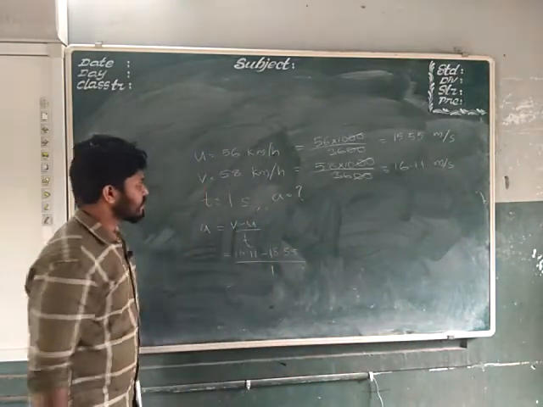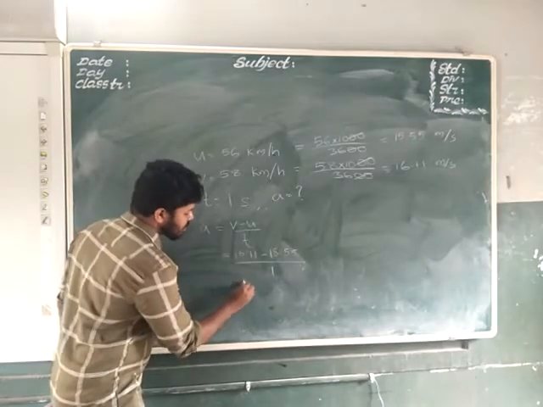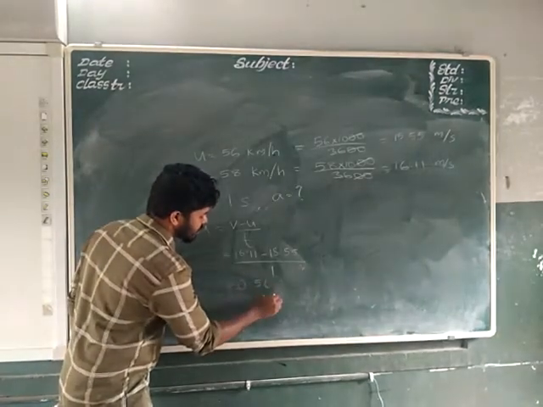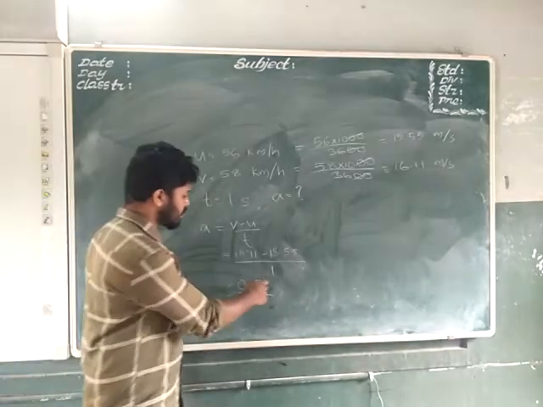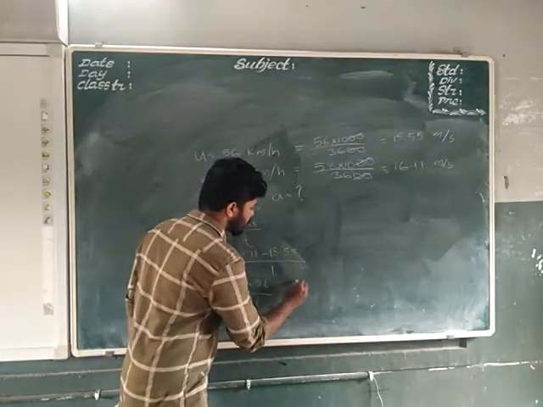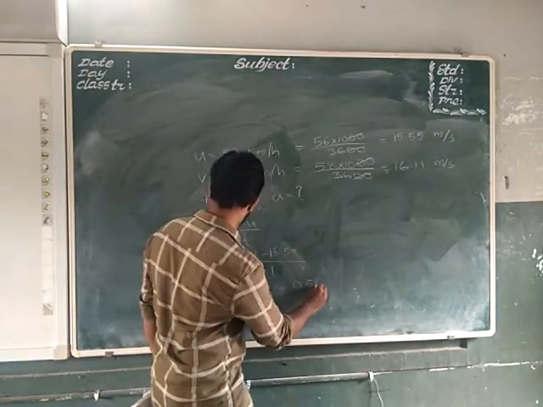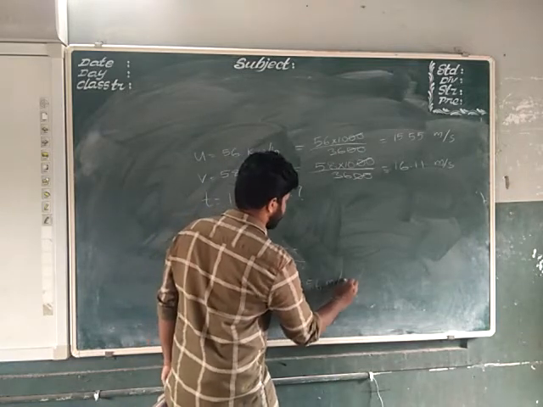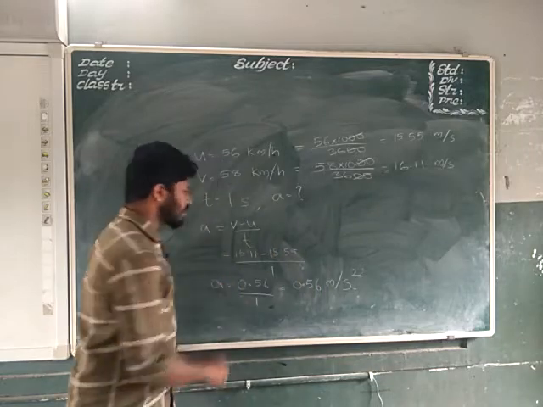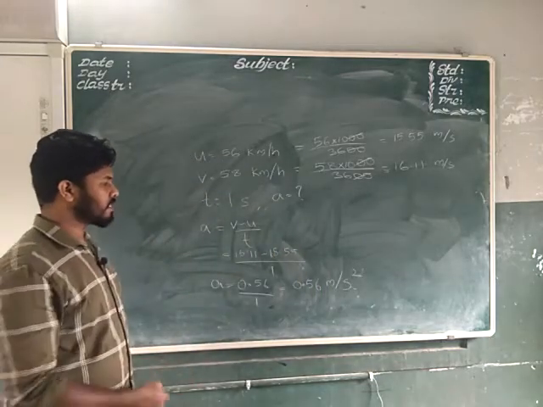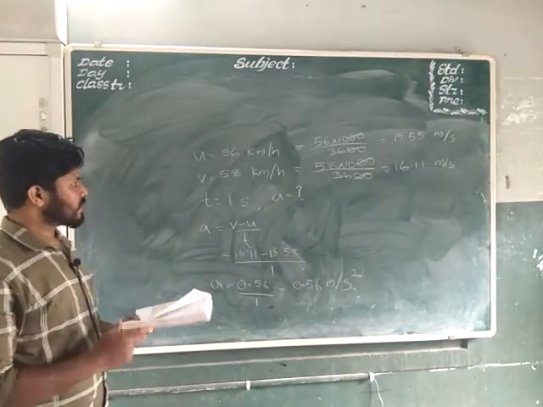When we substitute the values, we get 0.56 divided by 1. If you subtract, we get 0.56 meter per second square, as it is acceleration. So that is the first answer.